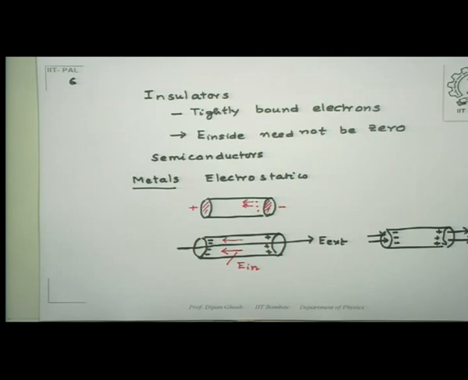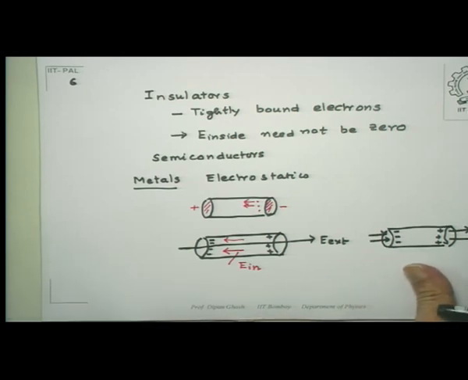Basically, the electrons are moving from the right to the left, creating an effective electric field that exactly cancels the external field in which we put the material, and the net field inside in a static condition is equal to 0.